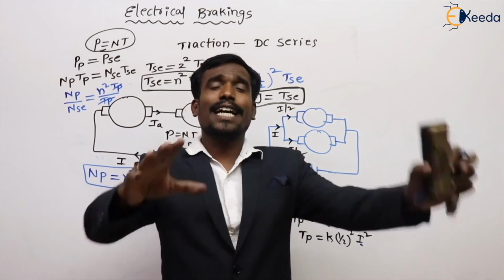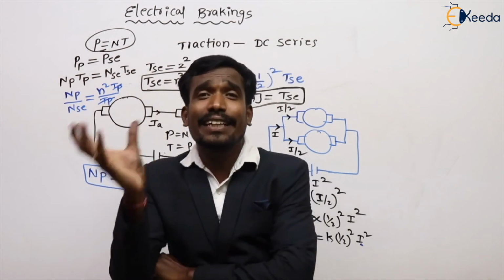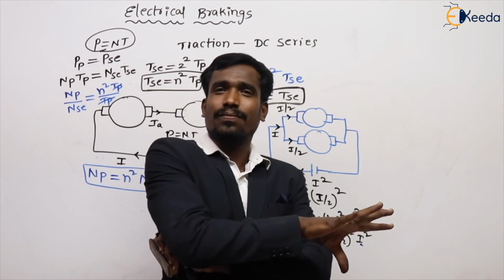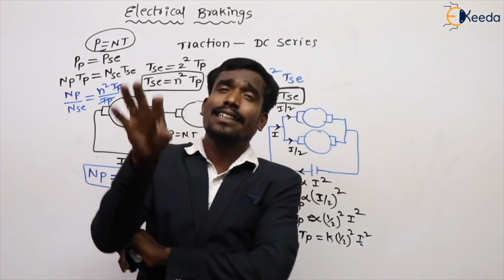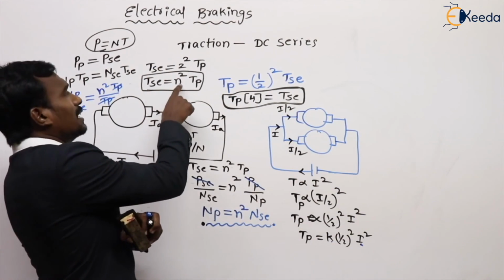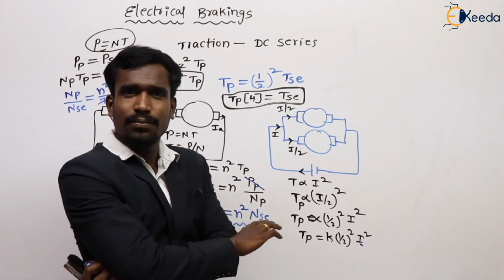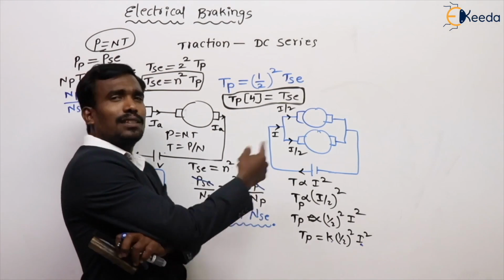So, what is the connection in traction? In traction, the connection is series-parallel. What I am saying is that in traction, DC series motors are connected in series-parallel, because in series the torque is n² times that of the parallel, and in parallel the speed is n² times that of the series.